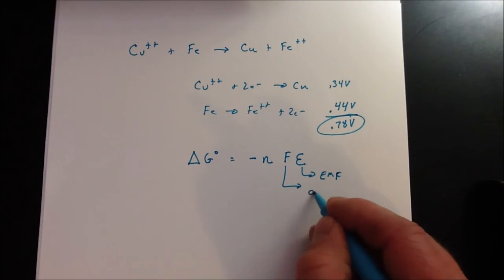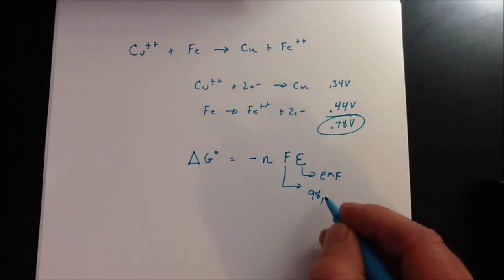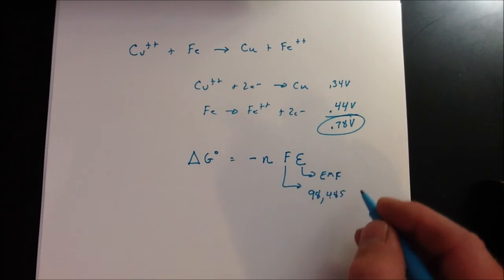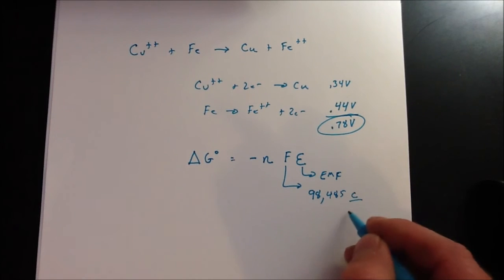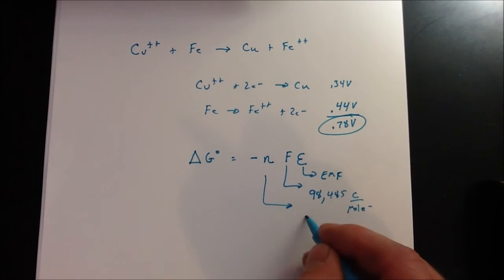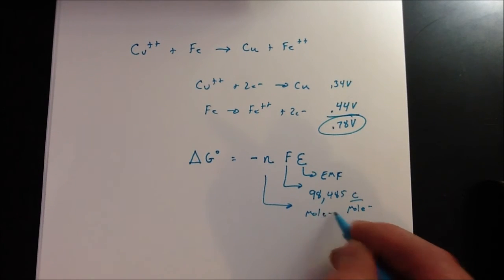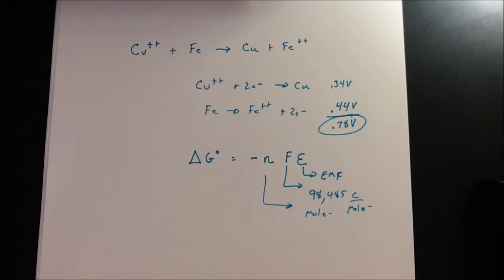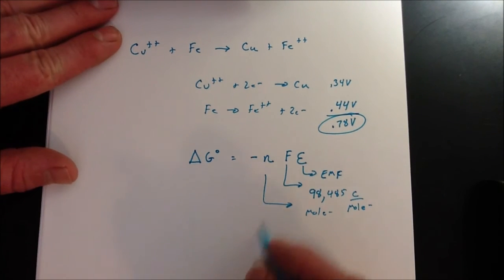It is 98,485. Some books use 98,500. And that's coulombs per mole of electrons. And N is moles of electrons. I'll explain where all of this comes from and why this equation works out the way that it does as we run through this.